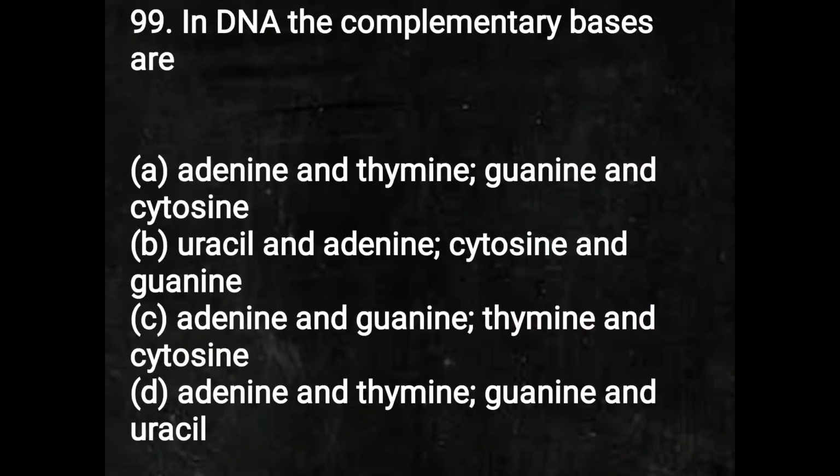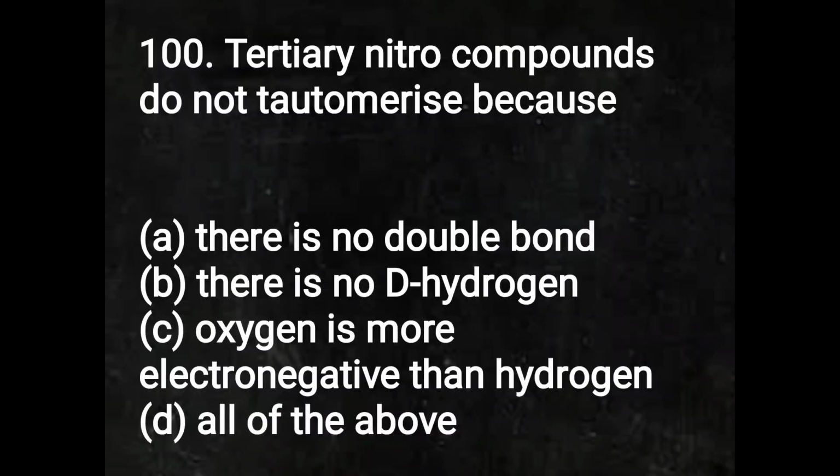In DNA, the complementary bases are option A is the correct option. Tertiary nitro compound do not tautomerize because there is no alpha hydrogen.